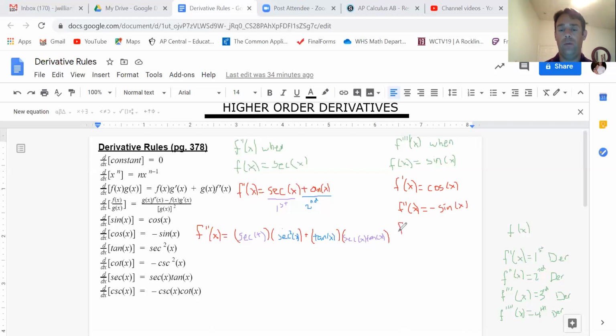Third derivative, well, we're getting up there now. So the negative is going to stay there, but the derivative of sine is cosine. So let me just rewrite that one there. Whew. So I'm now at a negative cosine.